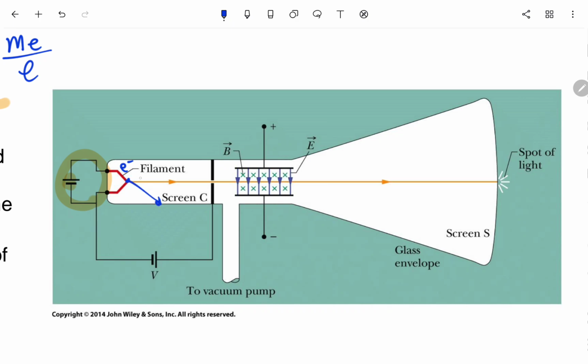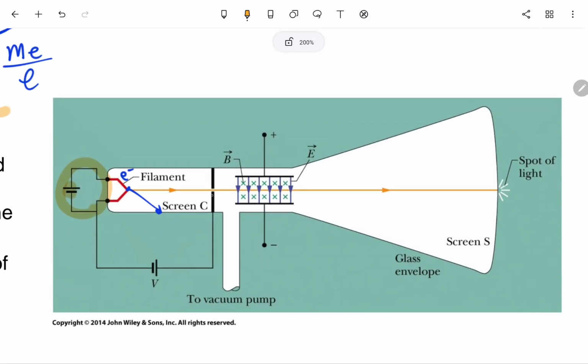Here we have a small slit, 就是有一个很窄的狭缝. If the electron goes through this slit, it can go outside. Otherwise, it will be absorbed here.